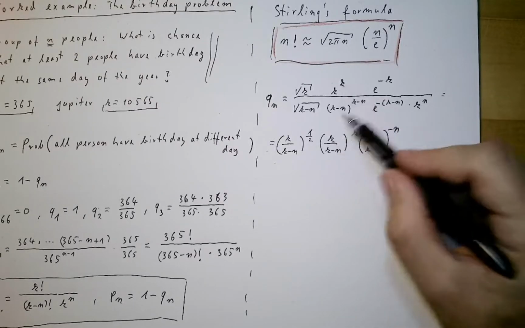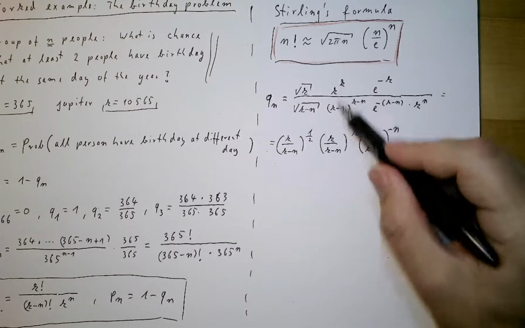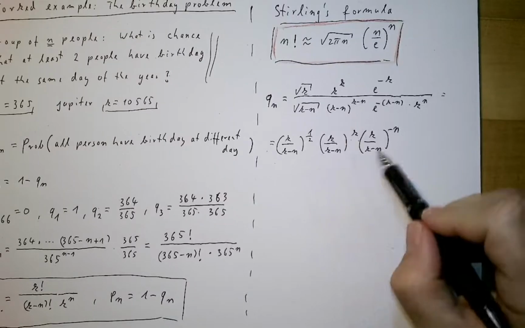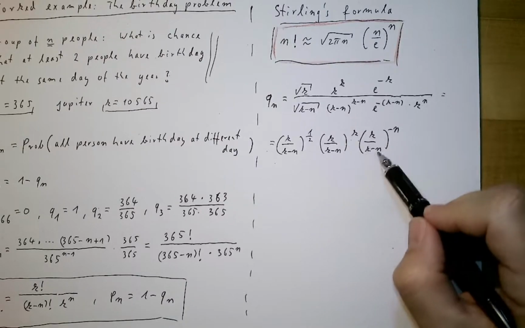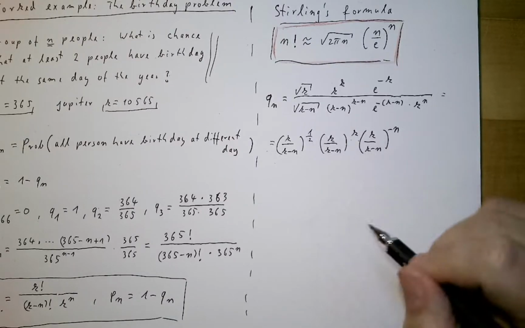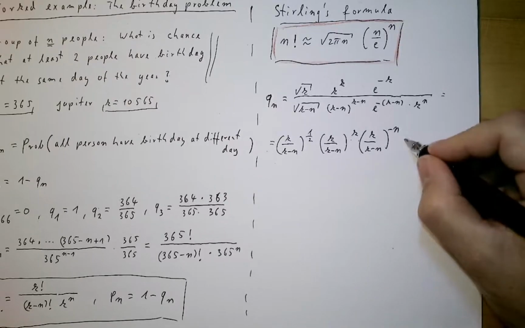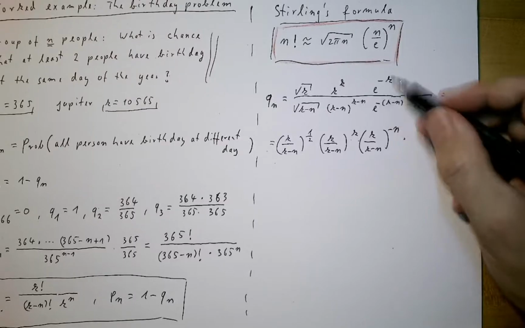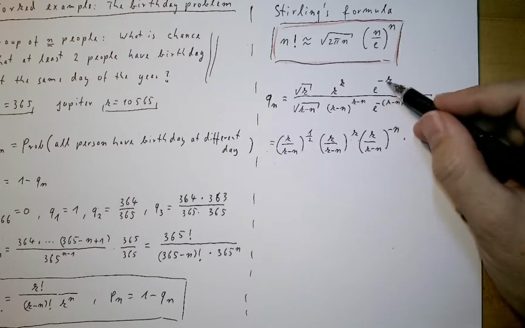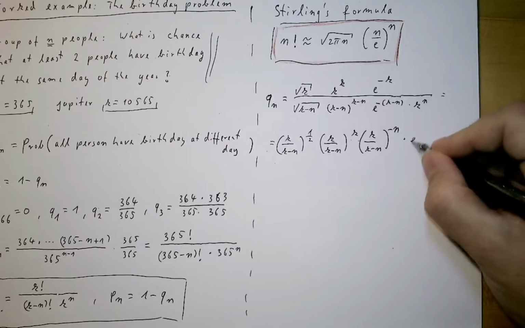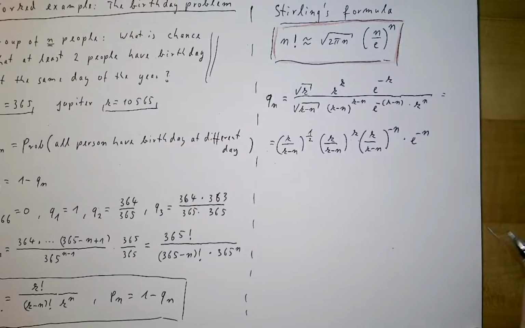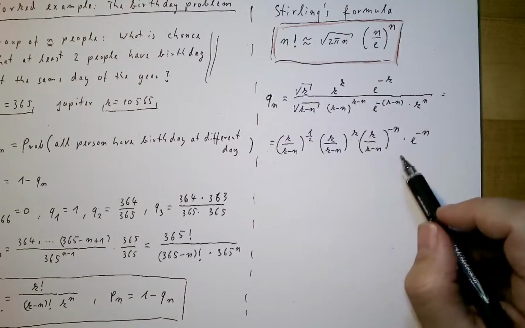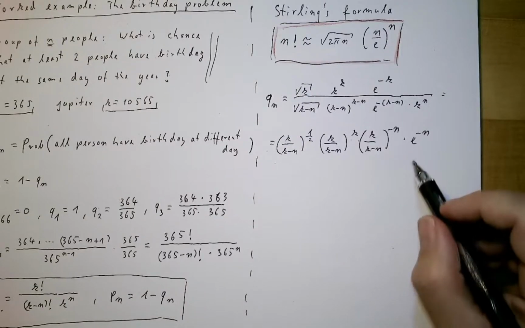So we just have restructured all these k and k minus n, so that we always have the fraction k over k minus n to the power of something. And then we still miss the e functions. We can divide by e to minus k, and then we are left with e to minus n. Yeah. So it's restructured a little bit, and we start to see some order.